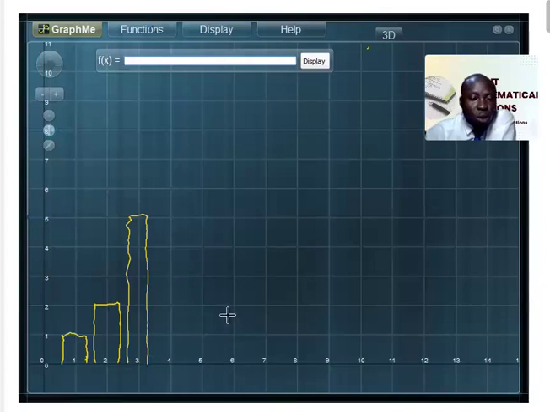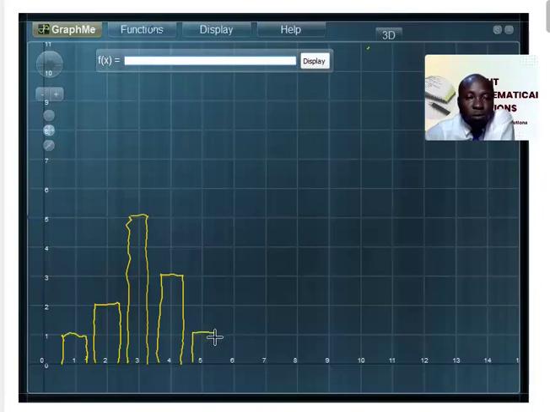So when x is 4, our frequency is 3. 4 and 3. So when x is 5, our frequency is 1.